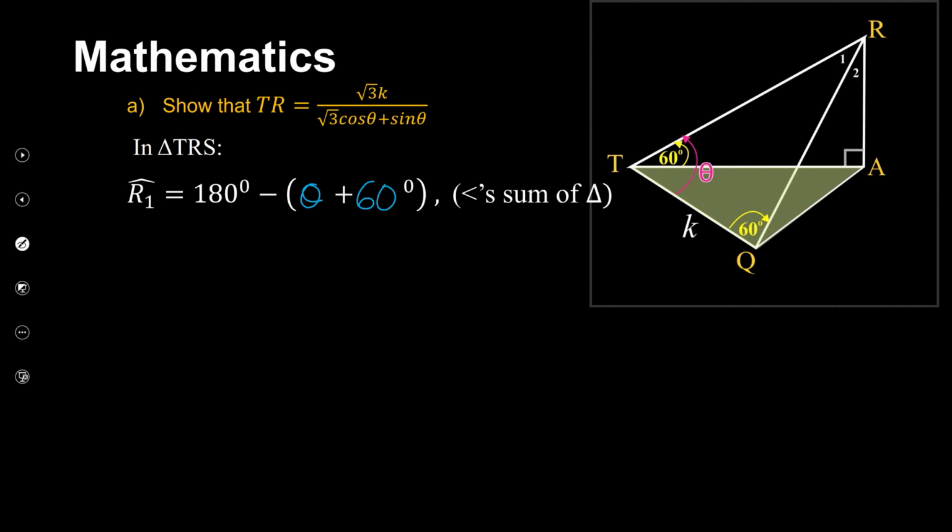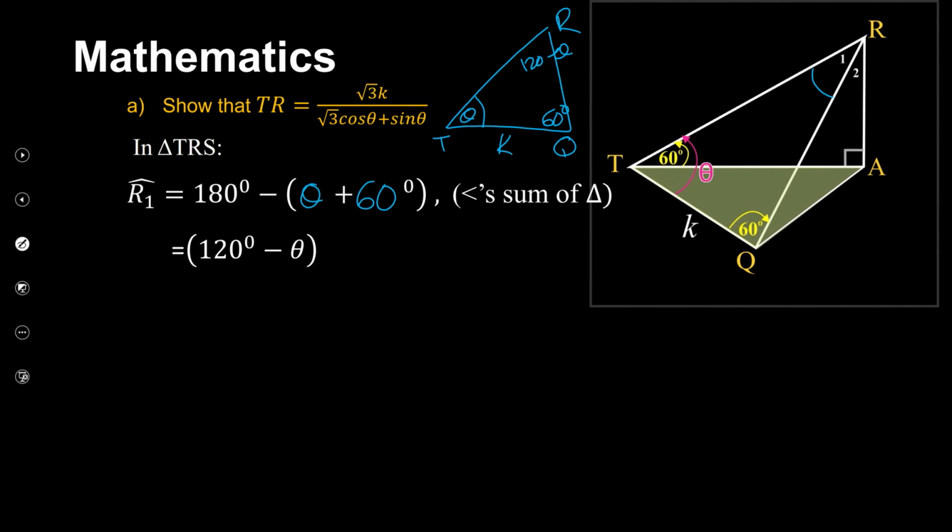So in other words, we're looking for this angle here, and that angle is going to equal 120 minus theta. Again, let me draw the triangle up here. We've got this angle as 120 minus theta. That's our R, and then we've got T and we've got Q. Q is 60 degrees, and this one here was theta, and QT was K.